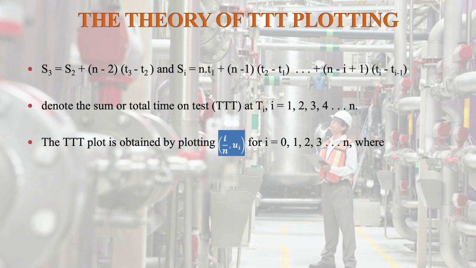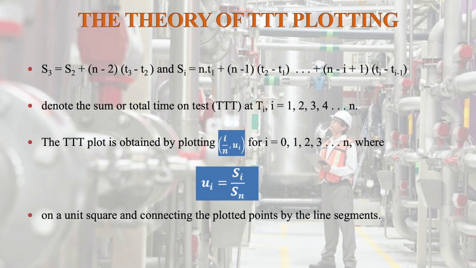The TTT plot is obtained by plotting (i/n, ui) for i = 0, 1, 2, 3 up to n, where ui = Si/Sn on a unit square and connecting the plotted points by line segments.